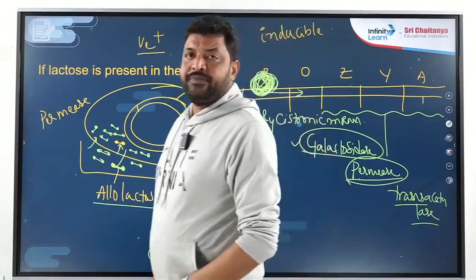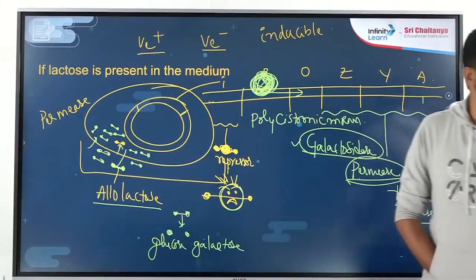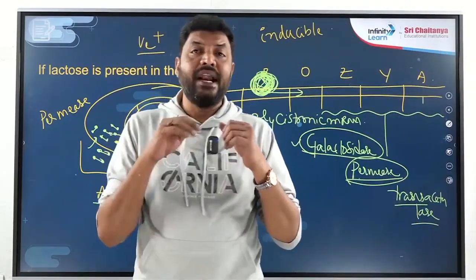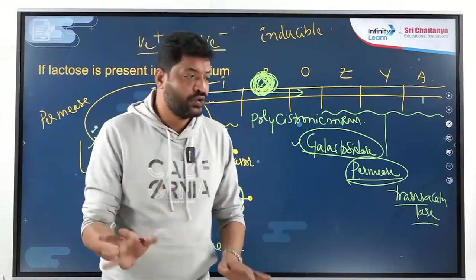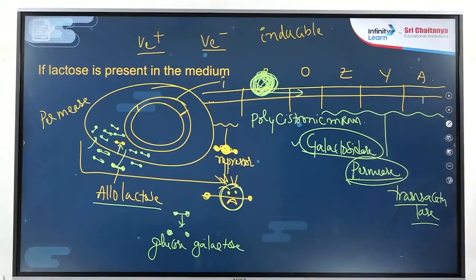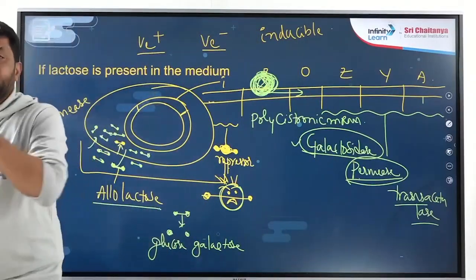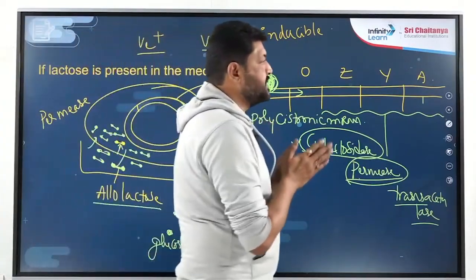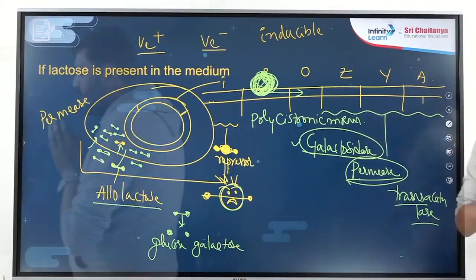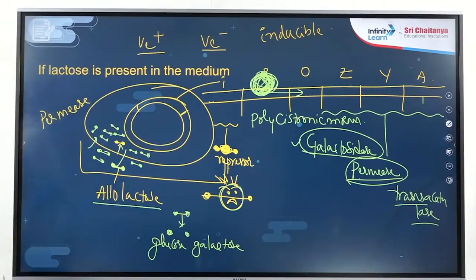Another question appeared on the same concept: the operon model of gene regulation is applicable to. The options are prokaryotes only, eukaryotes only, all living organisms, all microorganisms. The operon model of gene regulation is applicable to prokaryotes only.